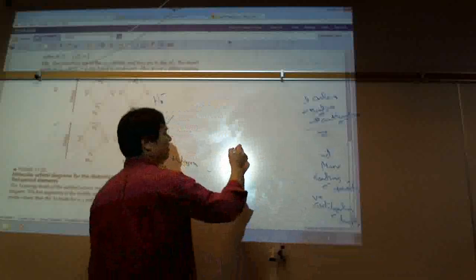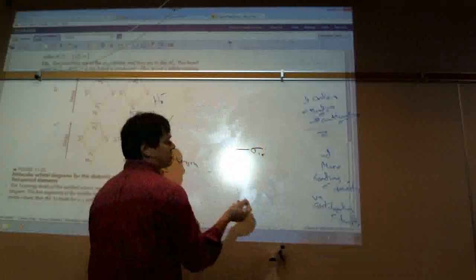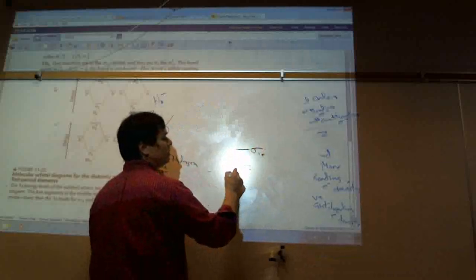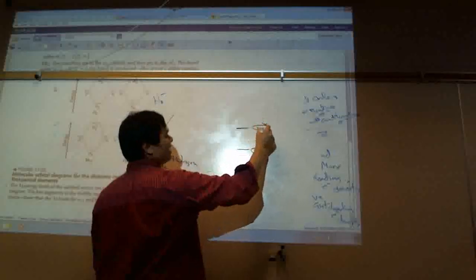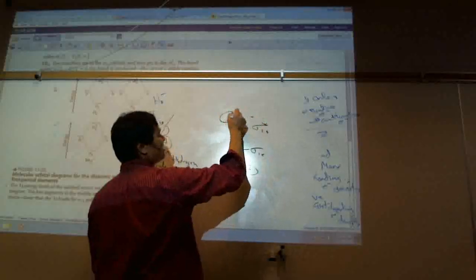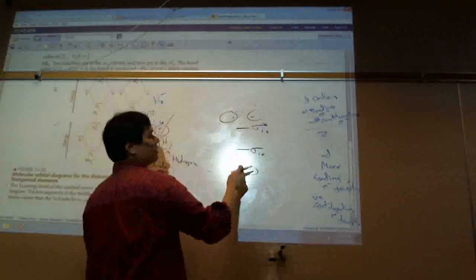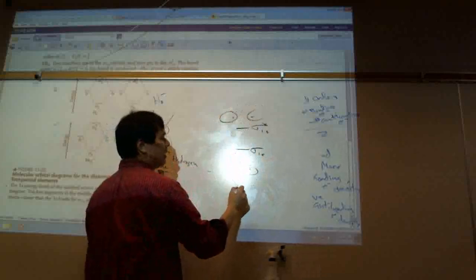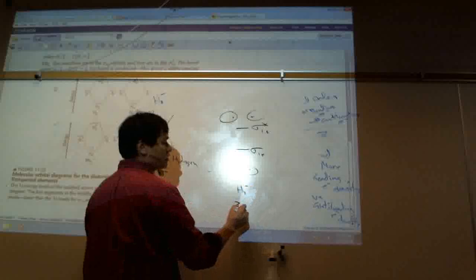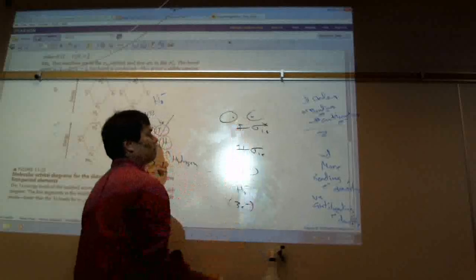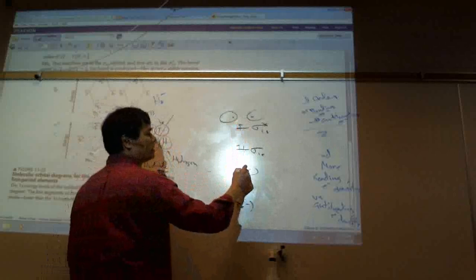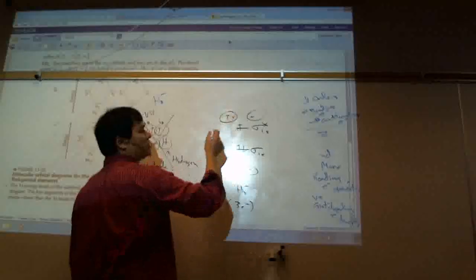In MO theory, we just start memorizing a new set of orbitals. We have the sigma 1s followed by the sigma star 1s. The sigma 1s looks like this, the sigma star 1s looks like this. And now if I have H2 minus, I have 3 electrons. Valence, 1, 2, 3. That means I have 2 electrons here and 1 electron here.